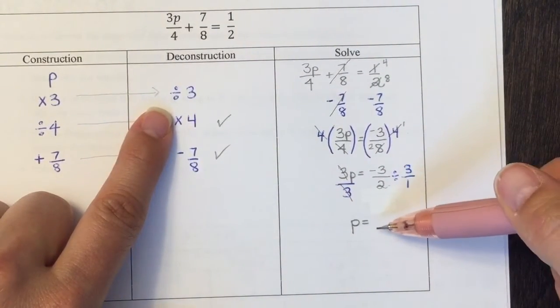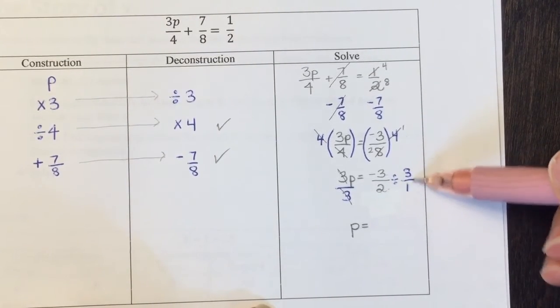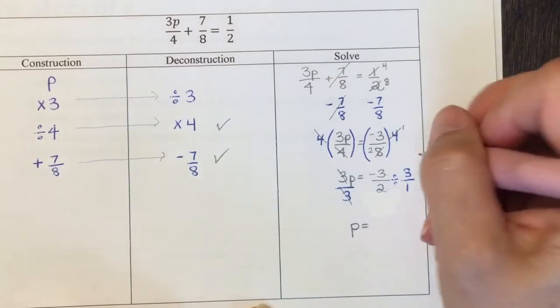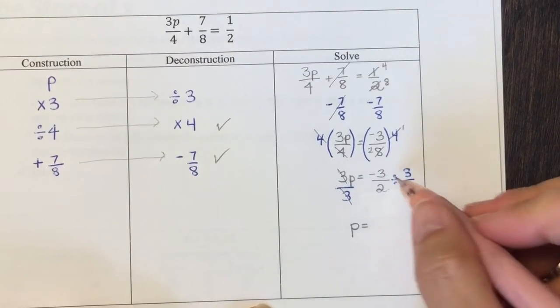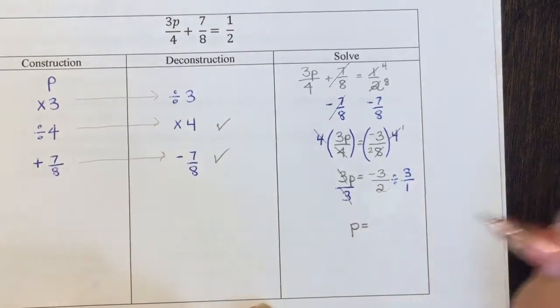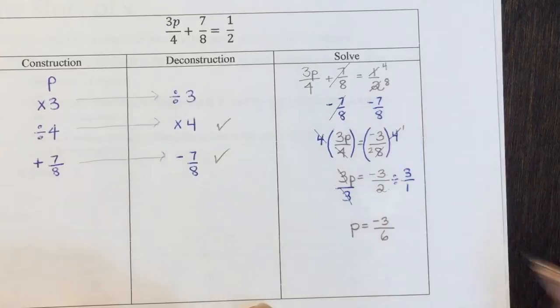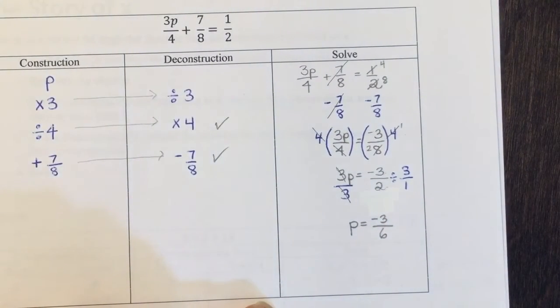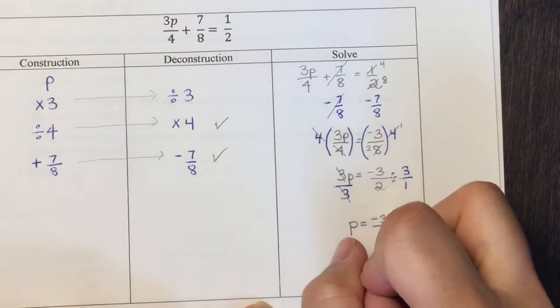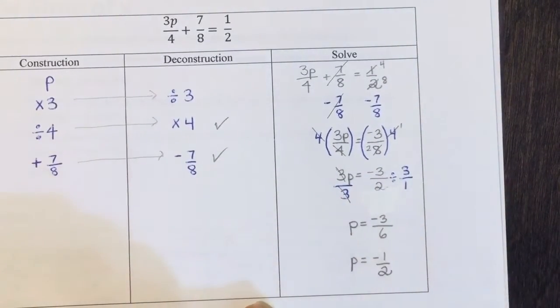Now, if we want to divide a fraction, we have to invert and then multiply. So that's the same as saying negative 3 times 1 and 2 times 3. So I'm going to have minus 3 over 6, which is the same thing as saying p equals negative 1/2.